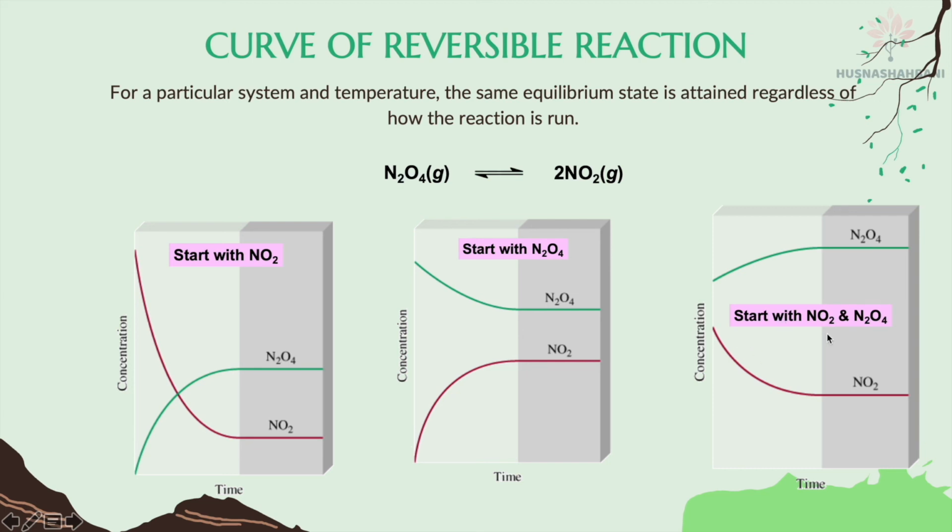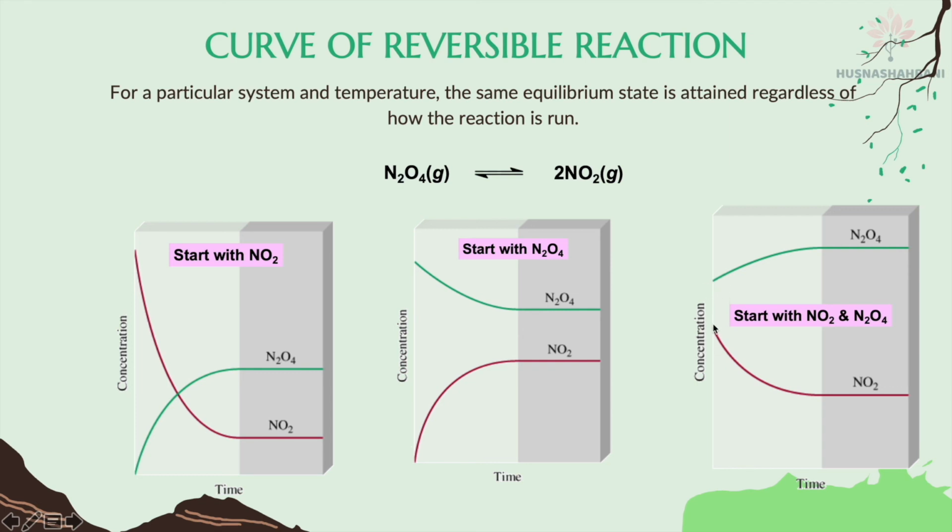Next, if you start with both NO2 and N2O4, you need to have both concentrations initially, so both cannot be 0. Both the reactant and the product have a particular concentration.